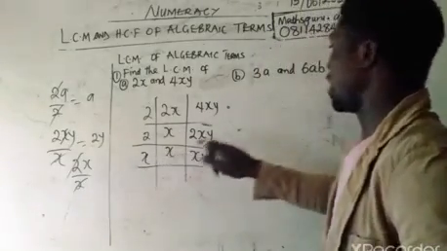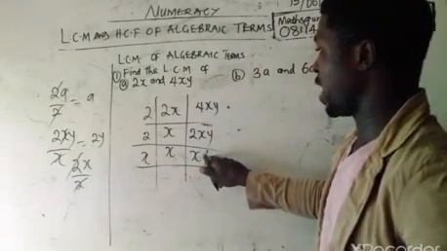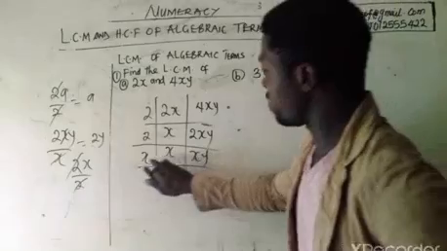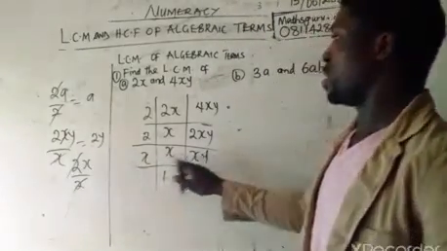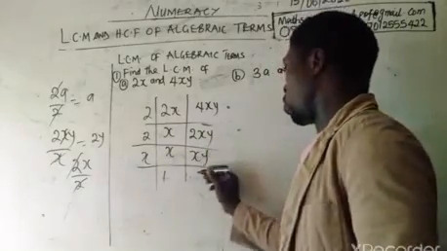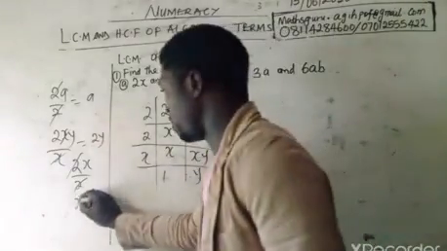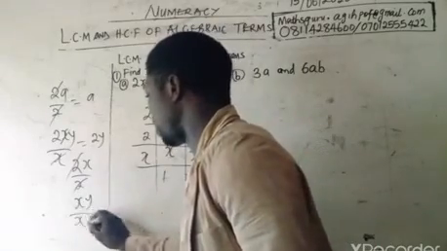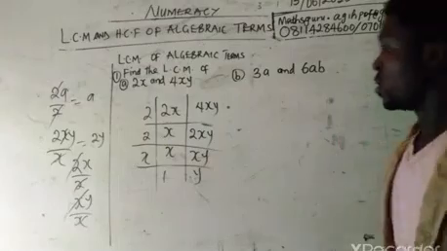So x is here, xy. We have x here also and xy. So x divided by x is 1. And xy divided by x will give us y. We have xy over x. x can cancel x to be left with y.